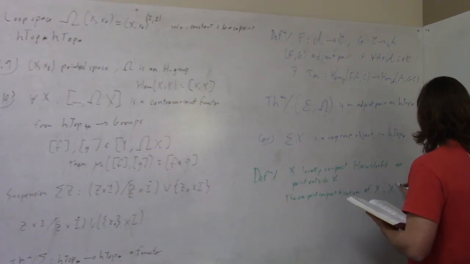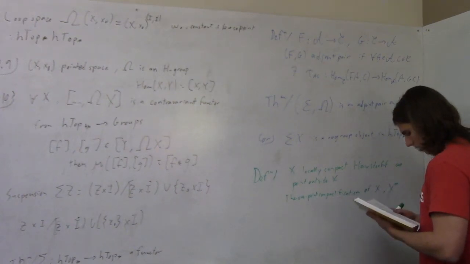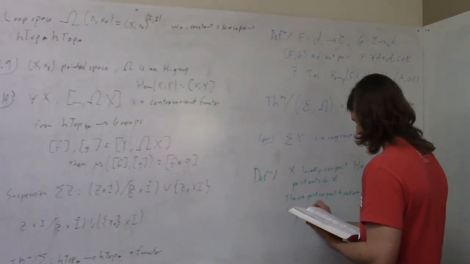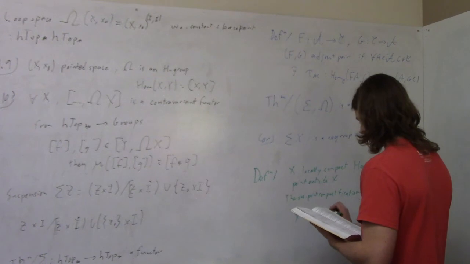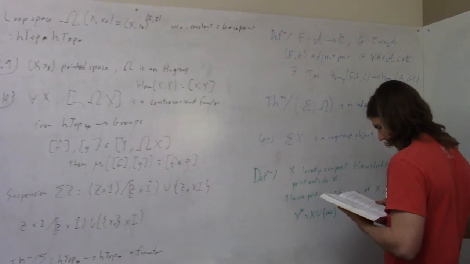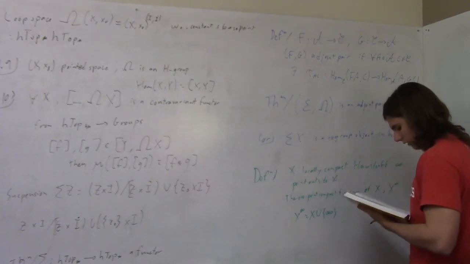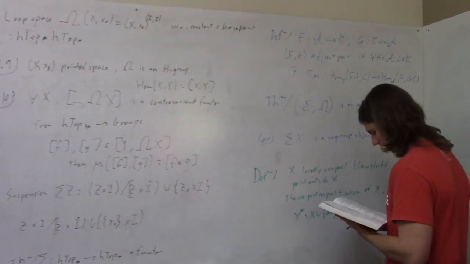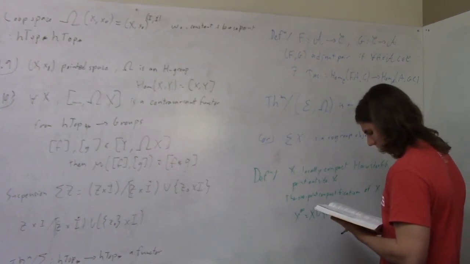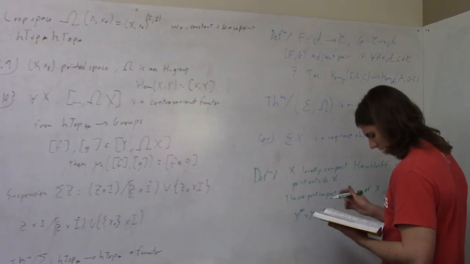X, which we call X infinity up here, is given the topology consisting of all open sets of X together with all sets of the form X minus K union infinity, where K is a compact subset of X. And infinity is the base point of X infinity.